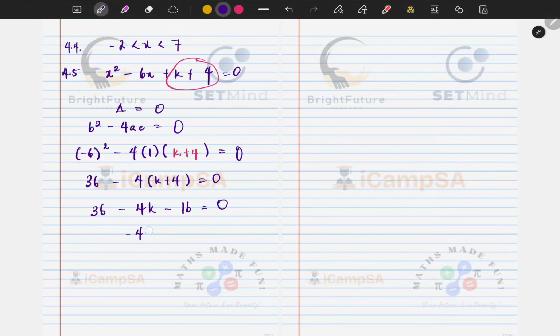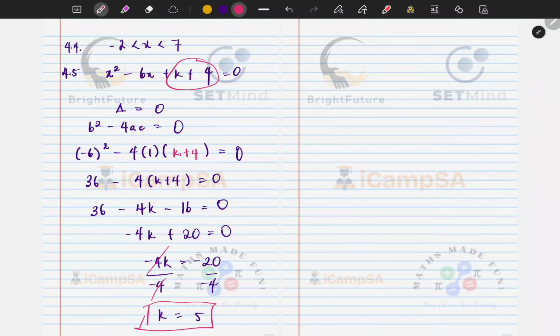So we are going to have minus 4k plus 20 equals 0, and then we can just divide by negative 4, and then we'll have k equals 5.